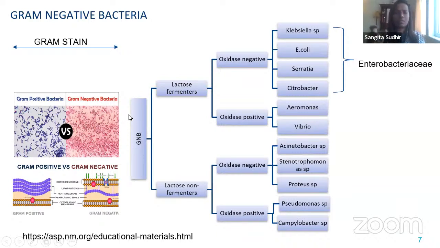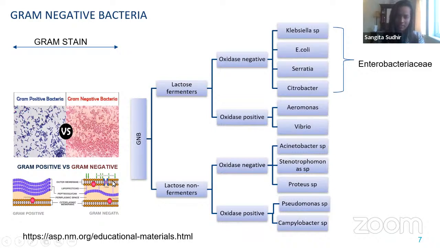And it's not just the difference in color, there are a lot of other features. The gram-positive bacteria has a thick peptidoglycan layer, and gram-negative has got a very thin layer. That's why this color retention is different. And apart from that, gram-negative bacteria has got two outer layers.